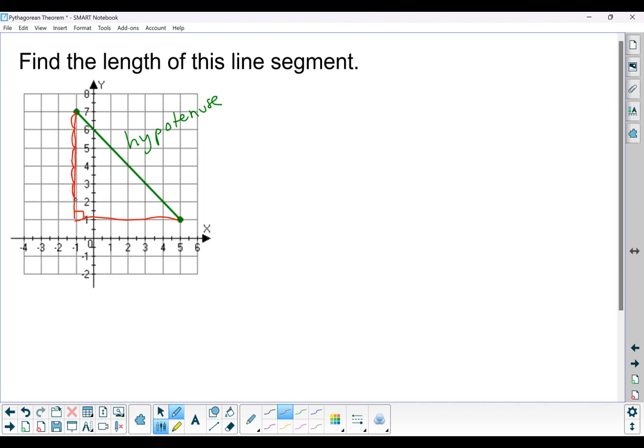And on our coordinate plane, we can just count the lengths of the legs. 1, 2, 3, 4, 5, 6. And 1, 2, 3, 4, 5, 6. So each of the legs has a length of 6. So leg squared plus other leg squared is equal to hypotenuse squared. I'm going to call that x. So we have 36 plus 36 is equal to x squared.